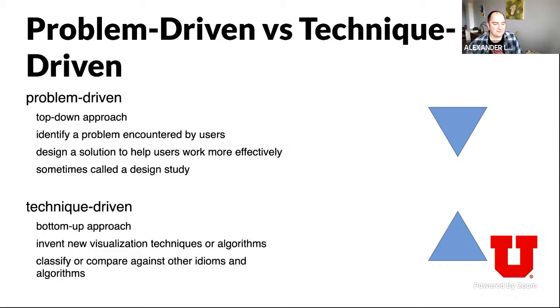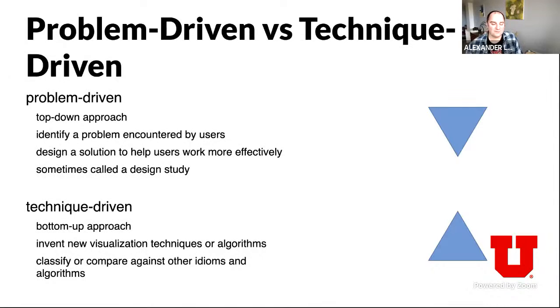In contrast, you have technique-driven approaches, which are more bottom-up, where you try to invent new visualization techniques or algorithms that you think are smart or useful, or you identified a need through means that are not necessarily coming from one single user or customer. Then you classify this or compare it against other visualization techniques and algorithms.